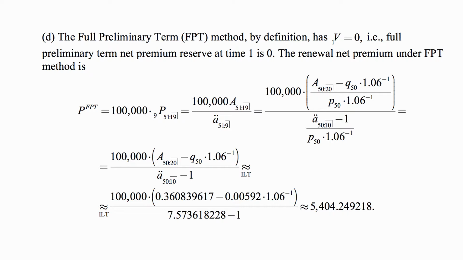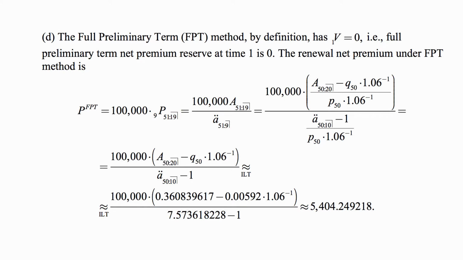And then we note that we can write A51:19 as A50:20 minus the cost of life insurance in the first year, but all this as written is at age 50, so to actuarially accumulate it to age 51, which is the age at which A51:19 is calculated, we divide it by 1E50, which is P50 times V. In this case, V is 1.06 to the negative 1.